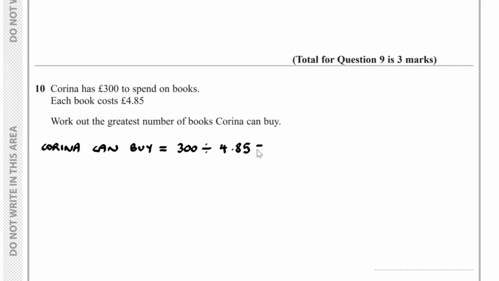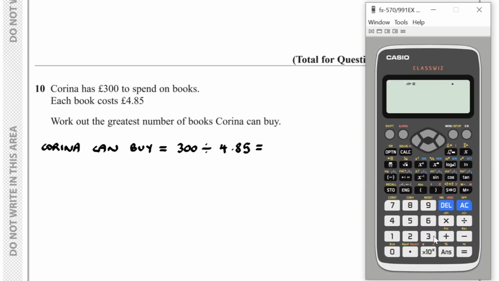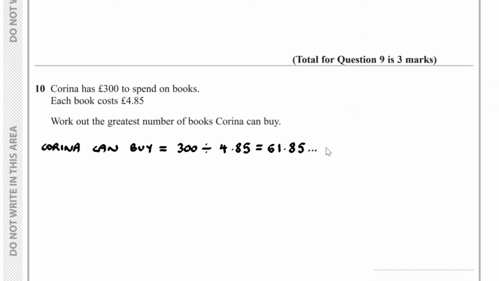This is the greatest number of books she can buy. And it turns out here we get 61.855, etc. And so if I round down, I get 61.